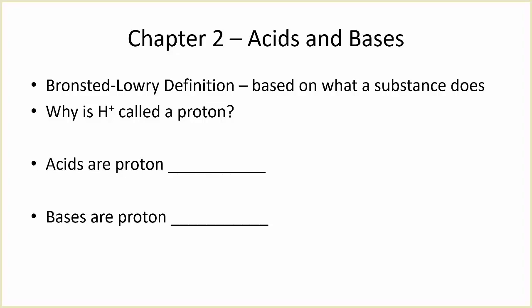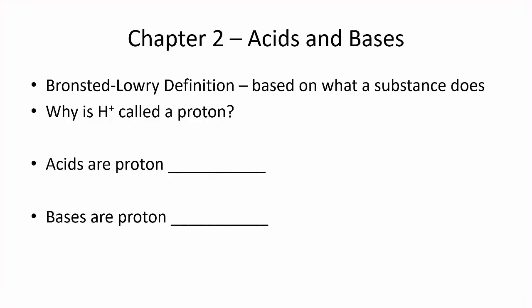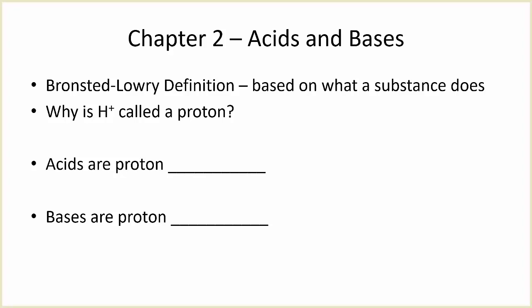Now, if we look at the Bronsted-Lowry definition, this is maybe one that you've heard before. In the Bronsted-Lowry definition, we base whether or not something's an acid on whether it donates a proton or accepts a proton. So what's a proton? Well, a proton is just H plus.